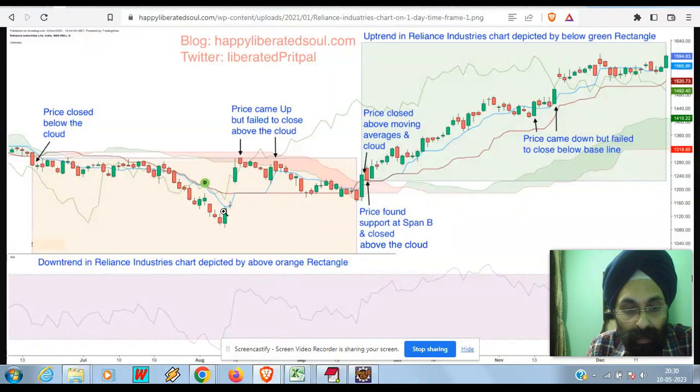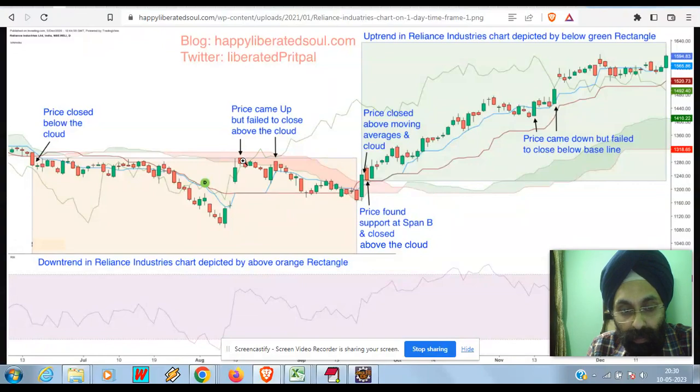After that there was a green candle, and this was a very bullish engulfing candle, very strong as compared to the red candle. After that the stock opened gapped up, but despite such a strong green candle and gap up, it faced the resistance. Price came up but failed to close above the cloud. So basically, as long as the price is remaining below the cloud and it is not closing above the cloud, it means that the downtrend is continuing.